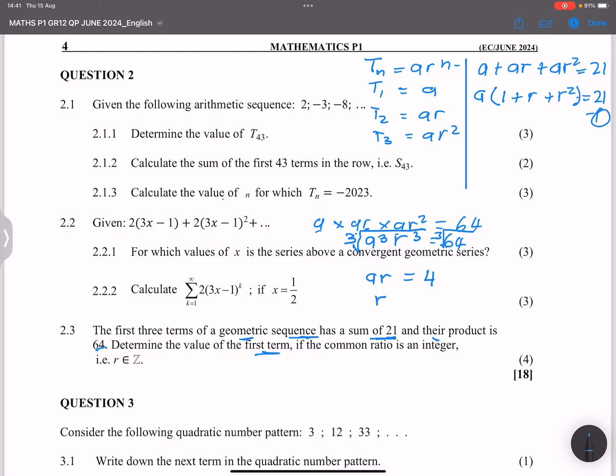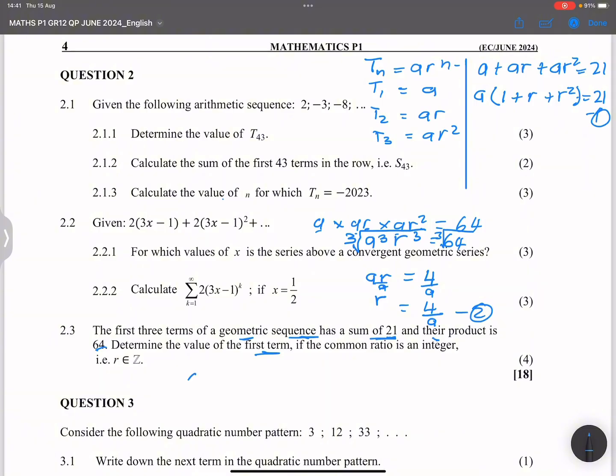So r, I'm going to divide by a on either side, so I'm going to have r is equal to 4 over a. Let's call this equation 2. Now I'm going to substitute equation 2 into equation 1.